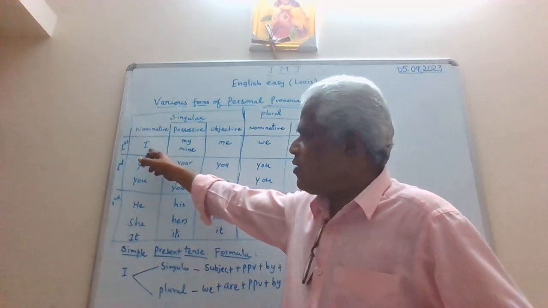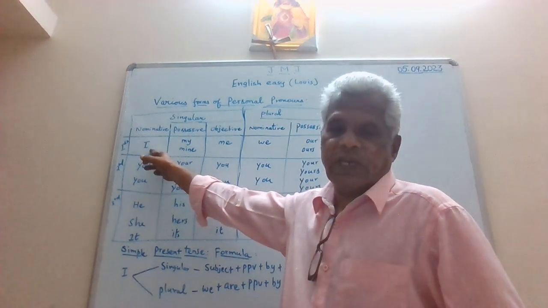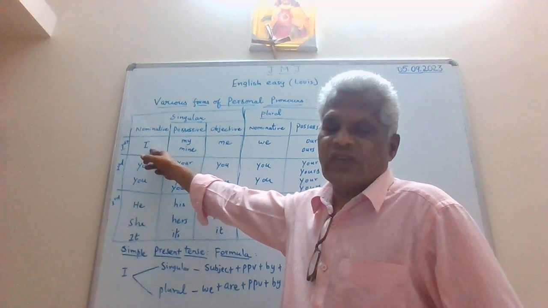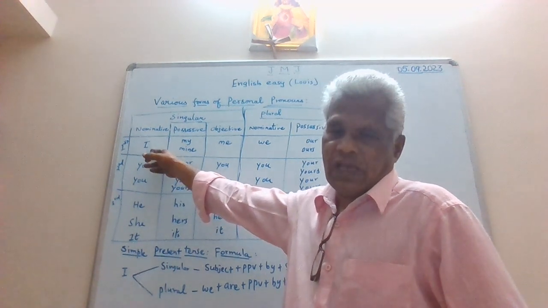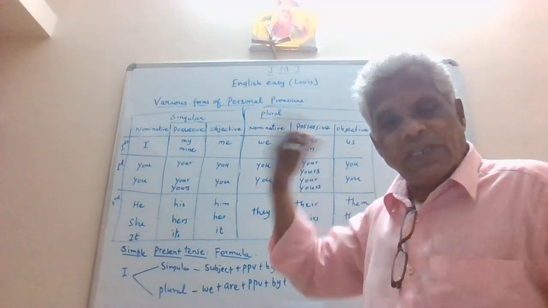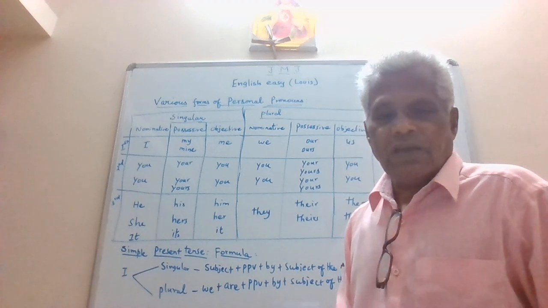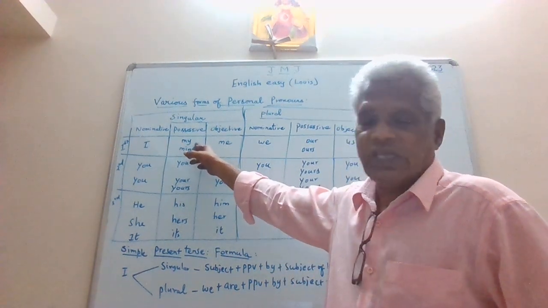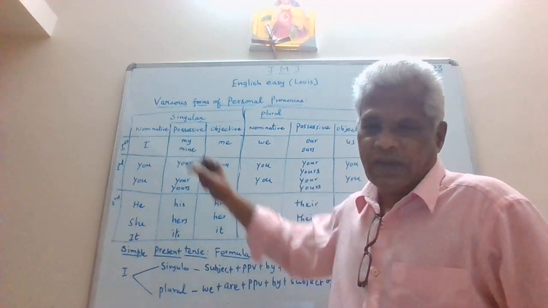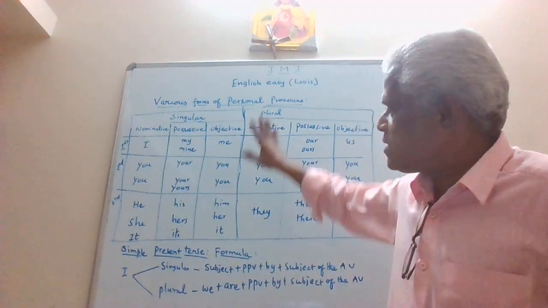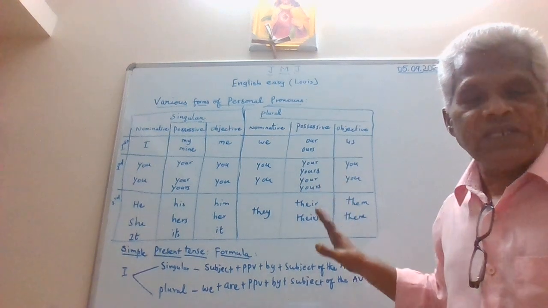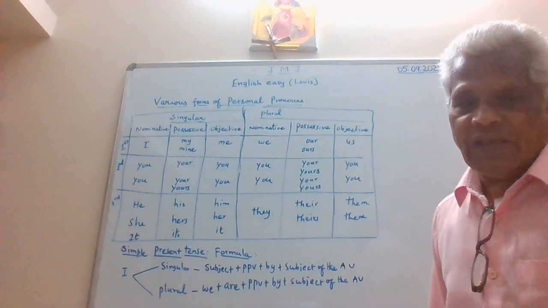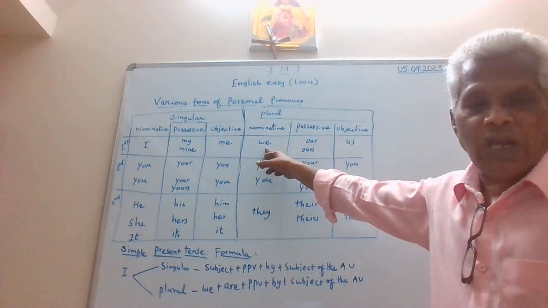Now look at that. If you have the subject for the first person, I, in changing to passive voice, how does it become? As an objective case, me, or possessive, my or mine. All these basic pieces of information we must understand. First person plural, we.